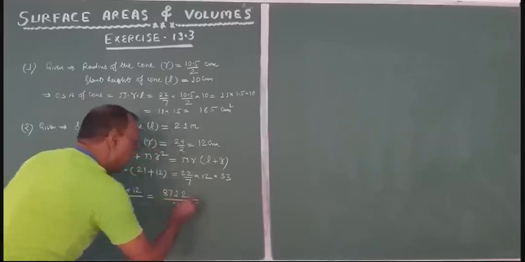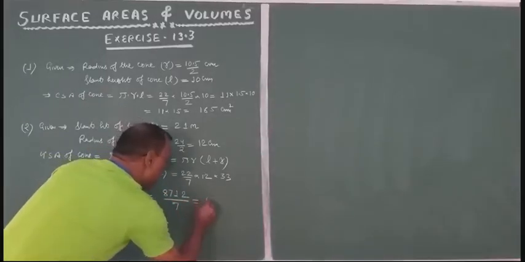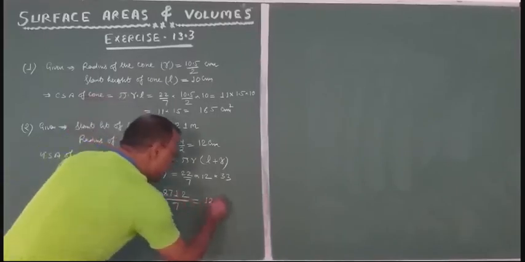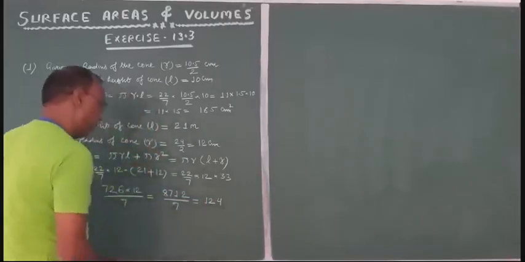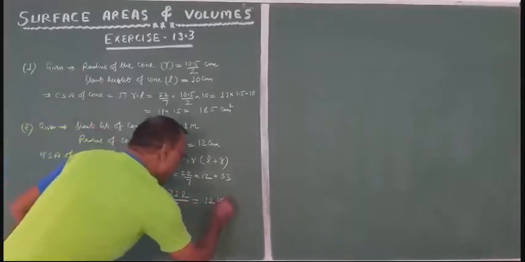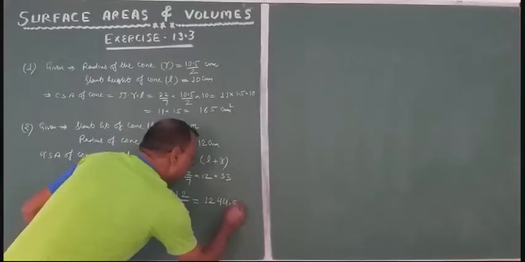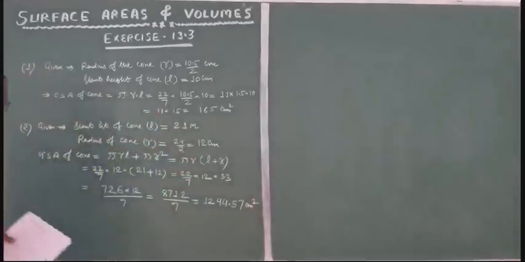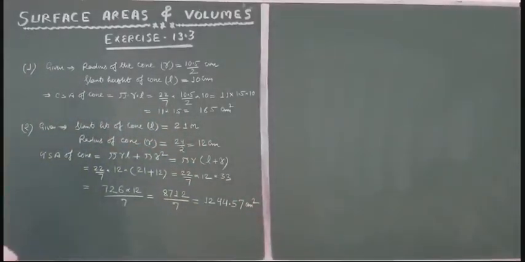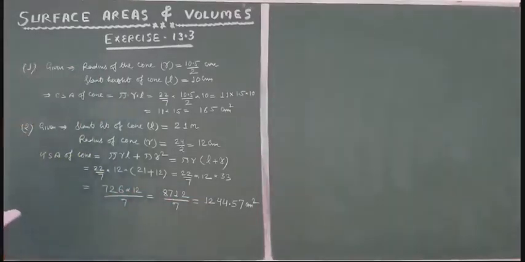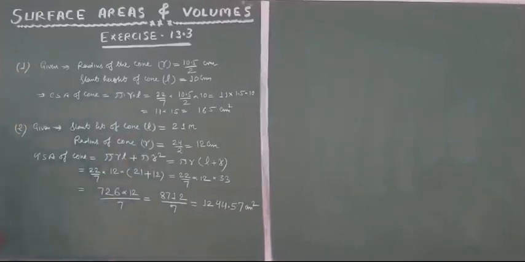Now divide it. 84, 3, 1, 7 4 ja, with 3 and 2 again 7 4 ja, 5 and 7 centimeter square. So what is the total surface area? That is 1244.57 centimeter square.